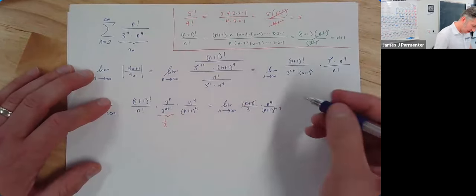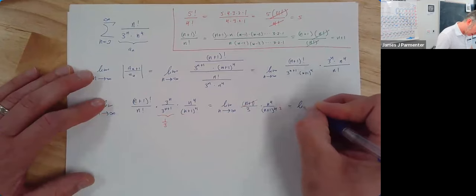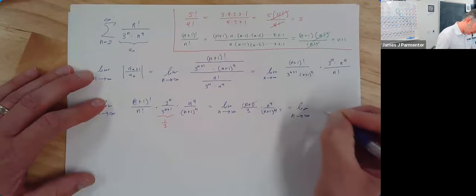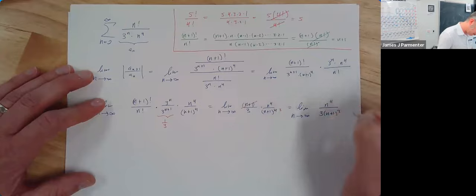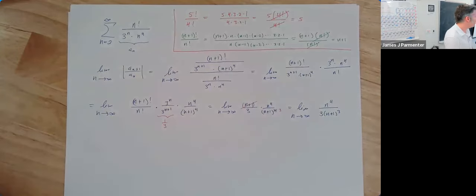So look what I've got now: the limit, n goes to infinity, of n to the fourth over 3 times (n plus 1) cubed. And when the power on top is higher, the fraction is getting larger and larger and larger. The limit of this is going to be infinity.